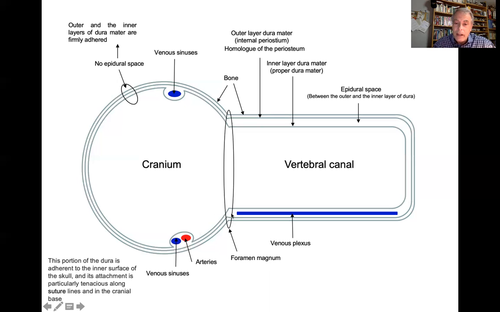And this is why the venous plexus that runs in the vertebral canal is in the epidural space, because it's a continuation of the venous sinuses that are in the cranial cavity, and these are located between the inner layer and the outer layer of the dura mater.